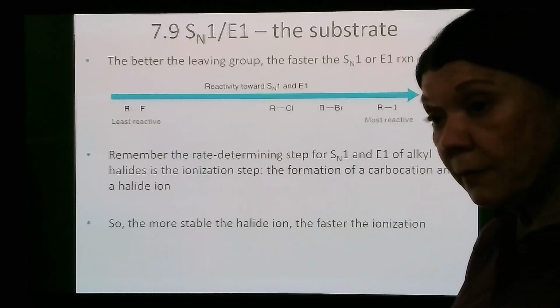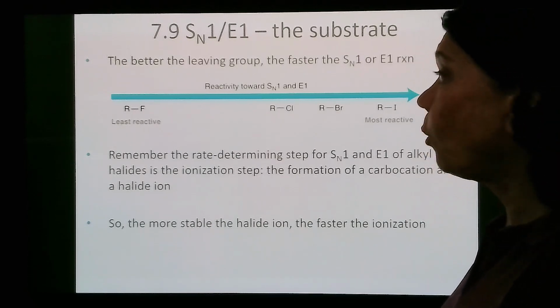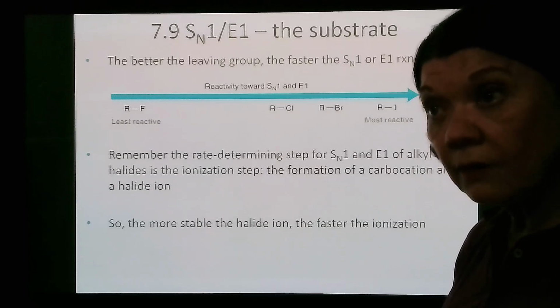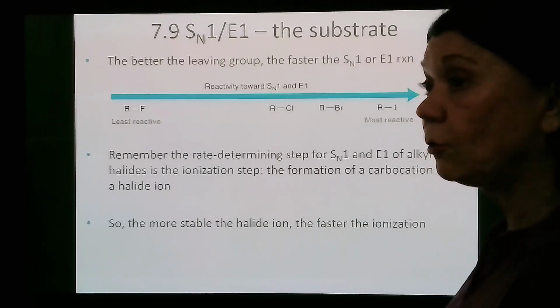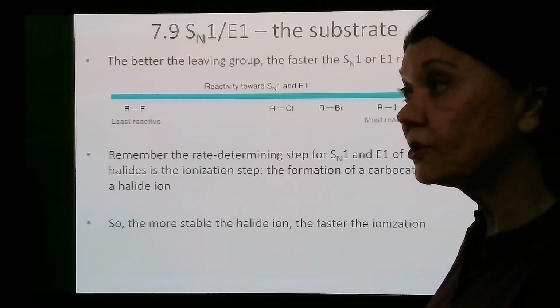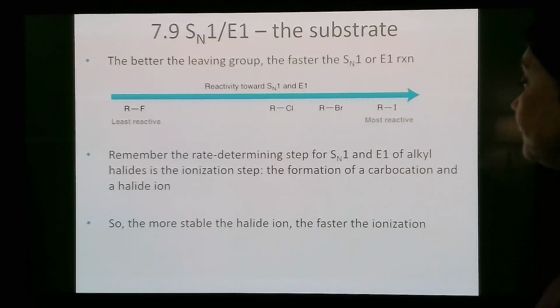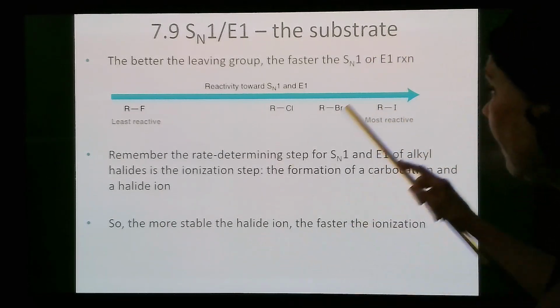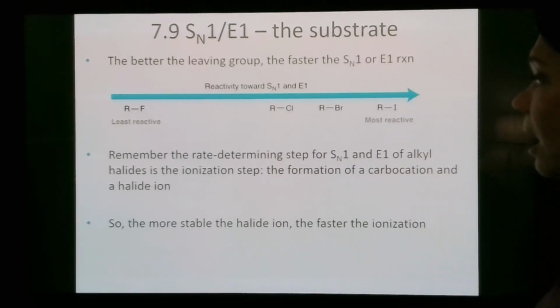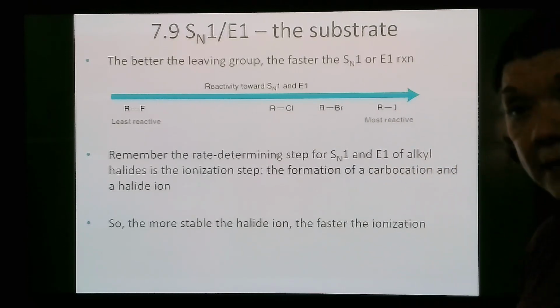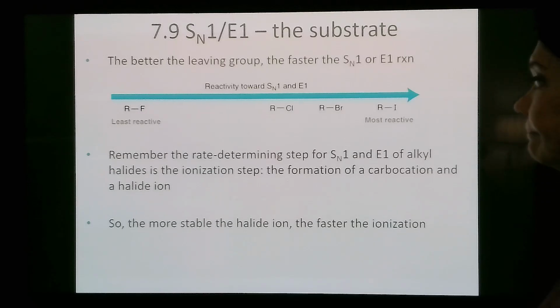The rate determining step is going to be the departure of the leaving group. And so if you have a great leaving group, that rate determining step is going to occur faster. It only makes sense. The more stable the halide, the faster the ionization and the faster the reaction, because that's the rate determining step.